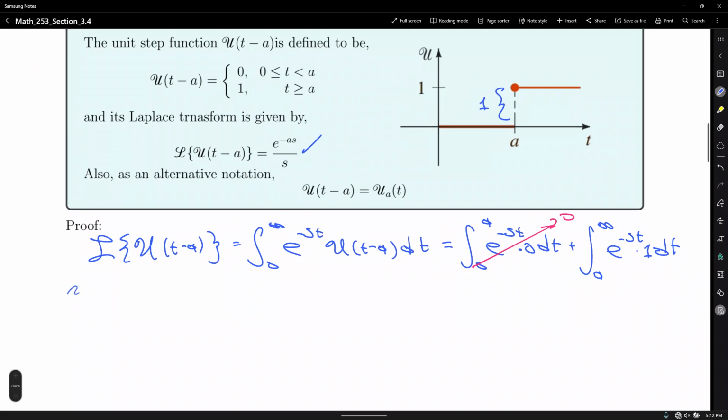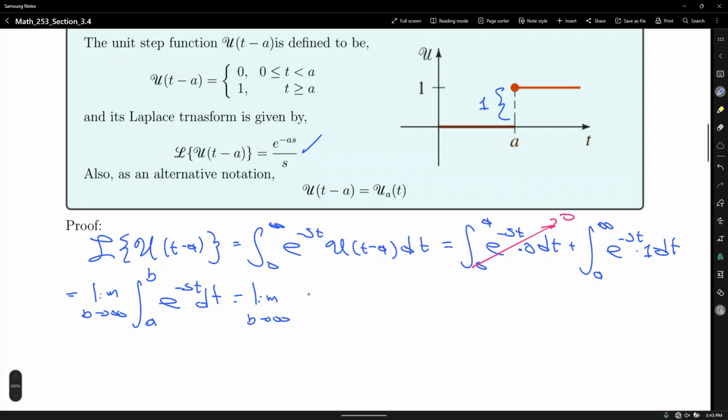The integral from a to infinity of e to the negative st with respect to t. So this will be, first of all, the limit as b approaches infinity. I'm going to set this up as an improper integral from a to b of e to the negative st dt. Here, the dummy variable is t. That negative s will be the constant, right?